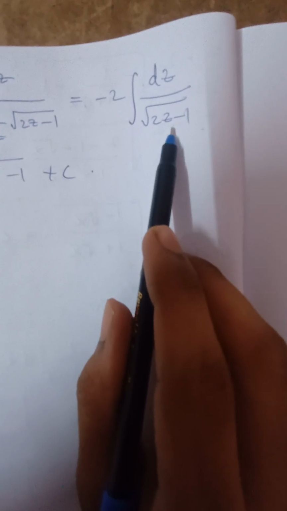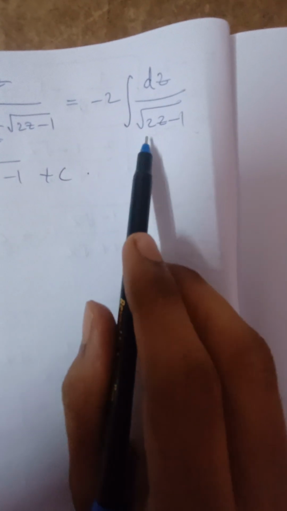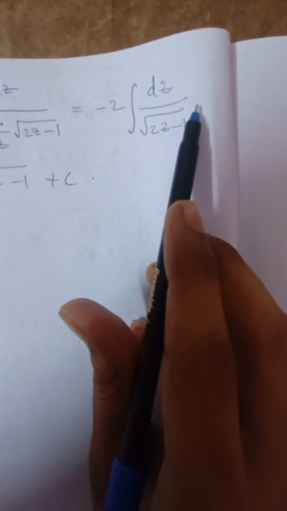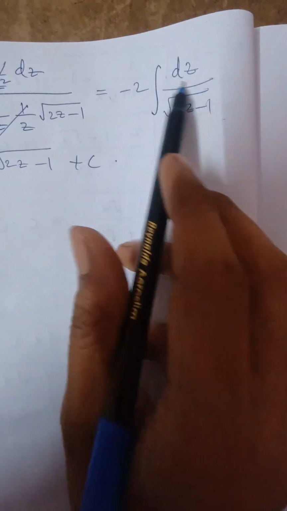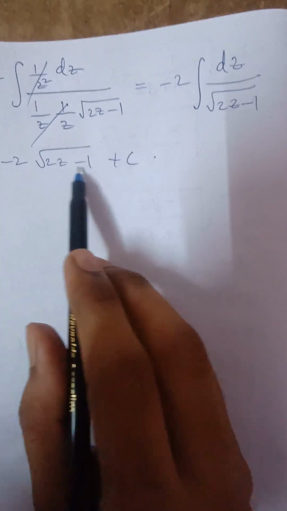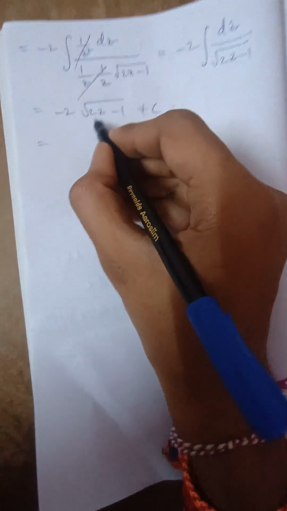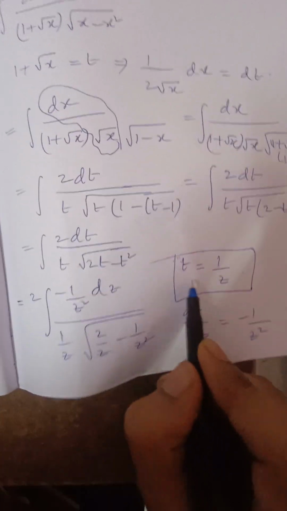The derivative of root x is 1 by 2 root x into 2, because for 2z the derivative is 2, so directly we understand the integrand is the derivative of the square root of 2z minus 1. So now instead of z we have to substitute 1 by t.